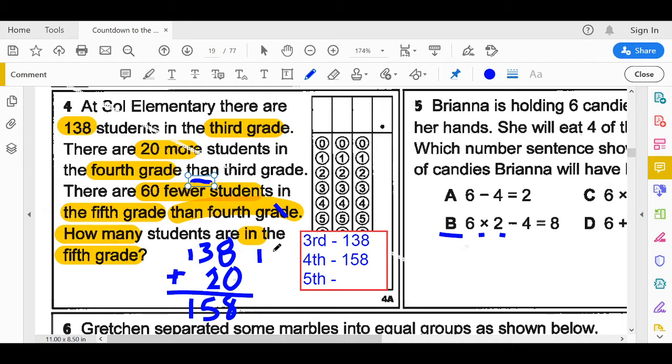Let me write it right here. 158. I need to subtract 60, because it says fewer. So 8 minus 0, that is 8.